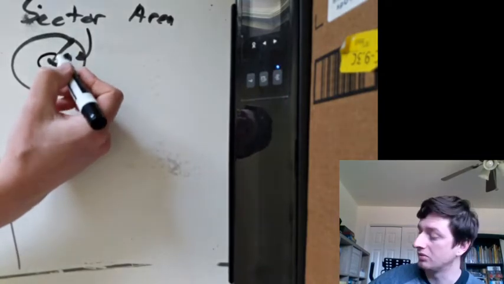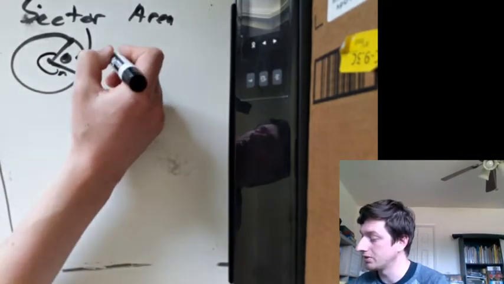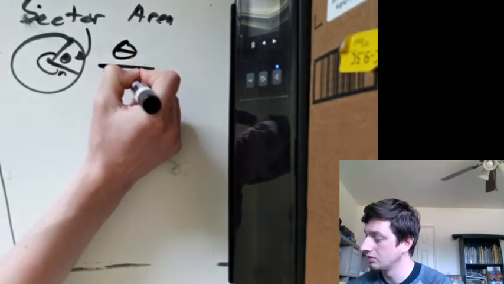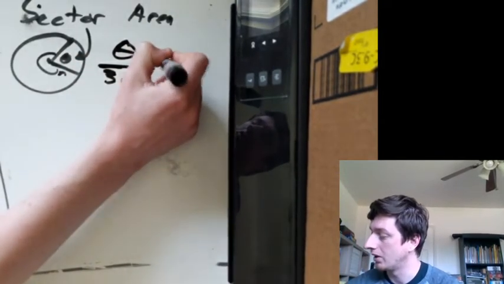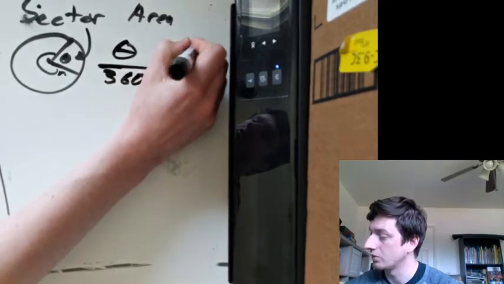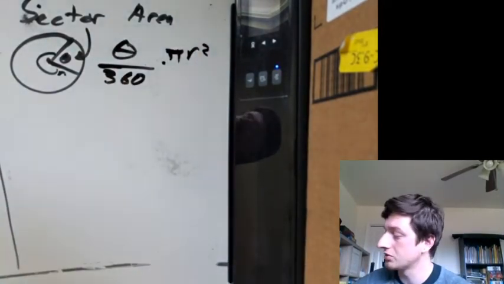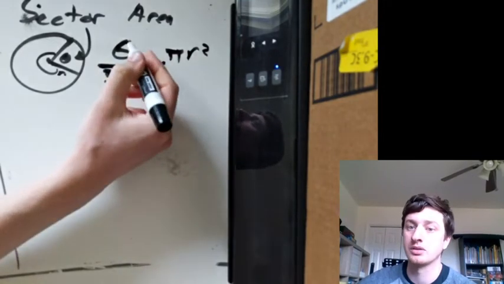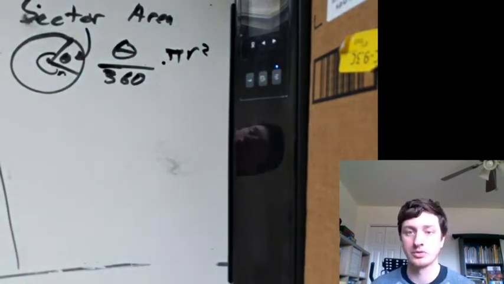We only need a piece of those, the theta. So our formula is theta over 360 times pi r squared: our total area of the circle times our piece of the circle, using the angle to find it.